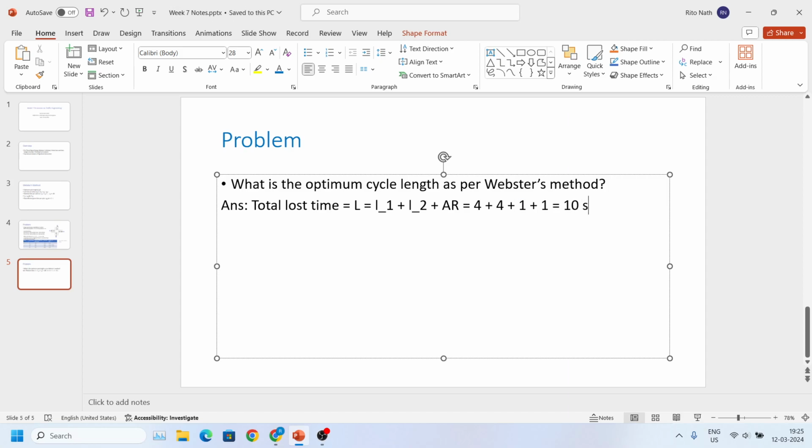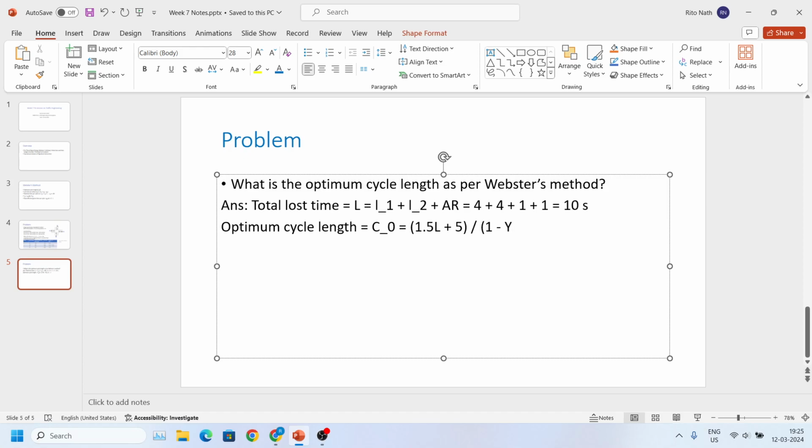Once you know L, you can calculate C0, which is the optimum cycle length. In the numerator, you have 1.5 L plus 5, divided by 1 minus the summation of y1 and y2, since you have two phases.